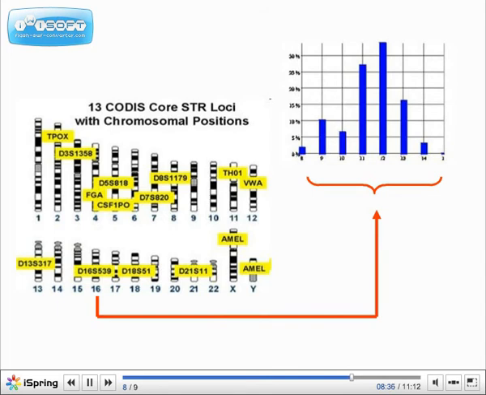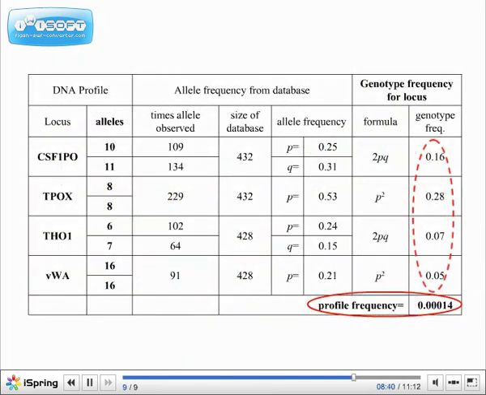The example presented on the slide shown here calculates the profile frequency for only 4 of 13 STR locations: CSF1PO, TPOX, TH01, and VWA. As you can observe on the table, the individual under consideration carries allele 10 and 11 at the CSF1PO location, is homozygous for allele 8 at the TPOX location, carries allele 6 and 7 at the TH01 STR, and is homozygous for allele 16 at the VWA locus.